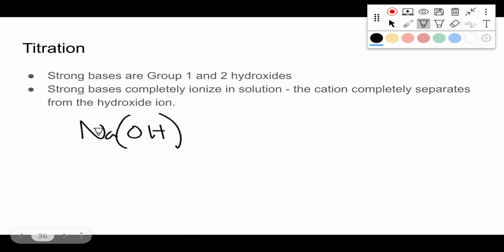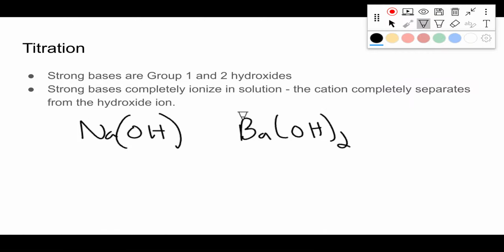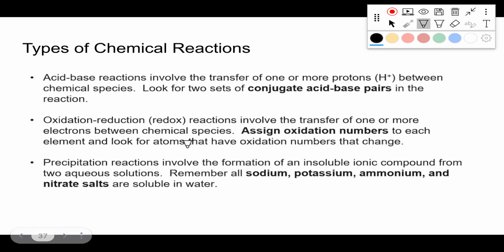And so NaOH is going to be a strong base. Your group 2 bases are going to look like this, because sodium is a positive 1 charge, barium is a positive 2, and so it's going to be barium hydroxide, again the OH, but it will have a subscript out here. All these are considered to be strong. Any of those metals from group 1 or group 2, those are going to be considered to be strong bases.